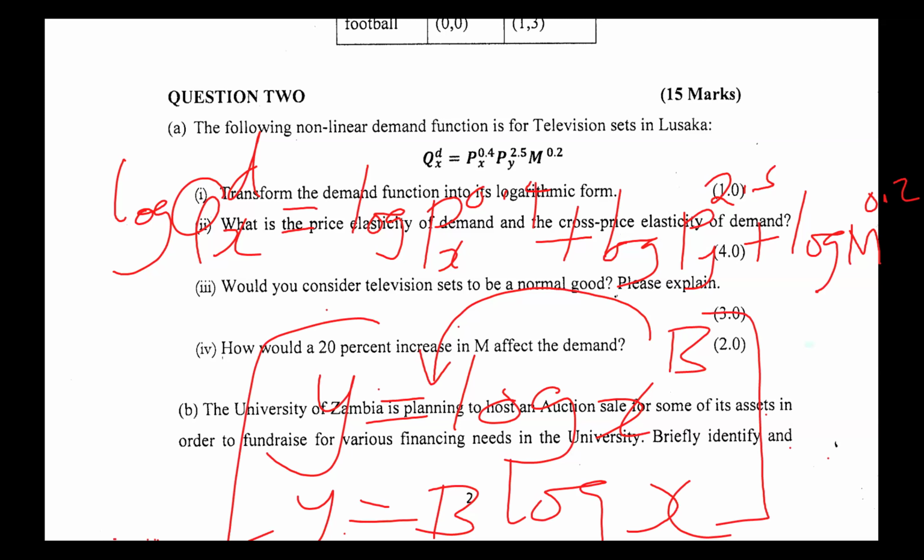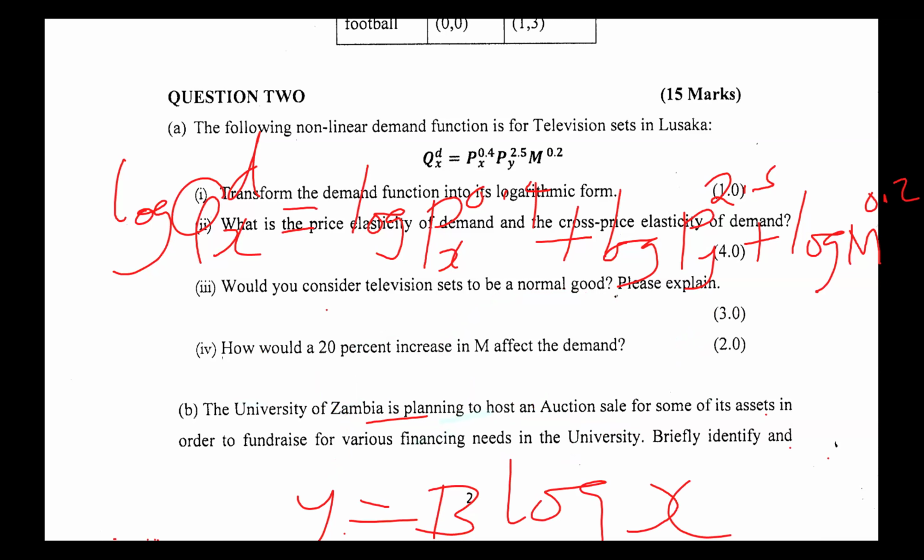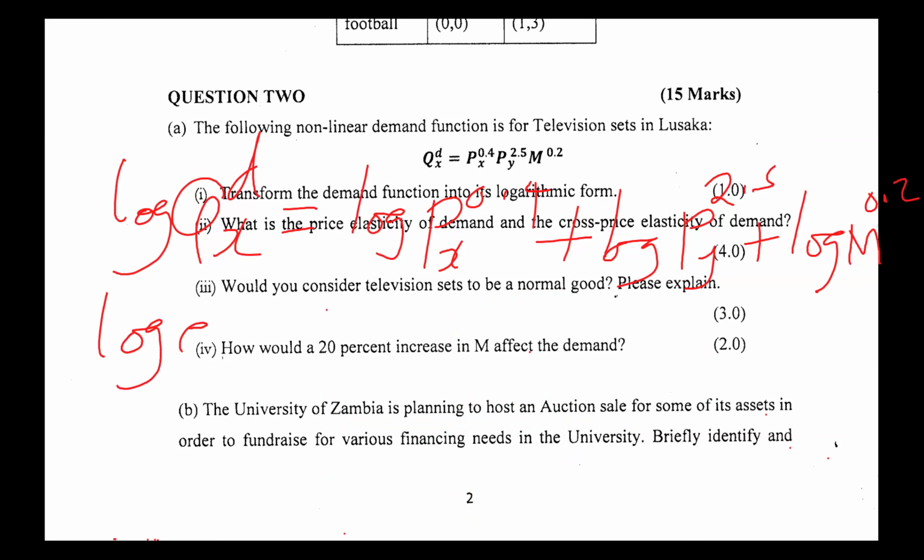Okay. So if you've gotten that, then it becomes a bit easier now. We can say we have the log of q, dx, that is equal to, let's drop the power from what I've said.